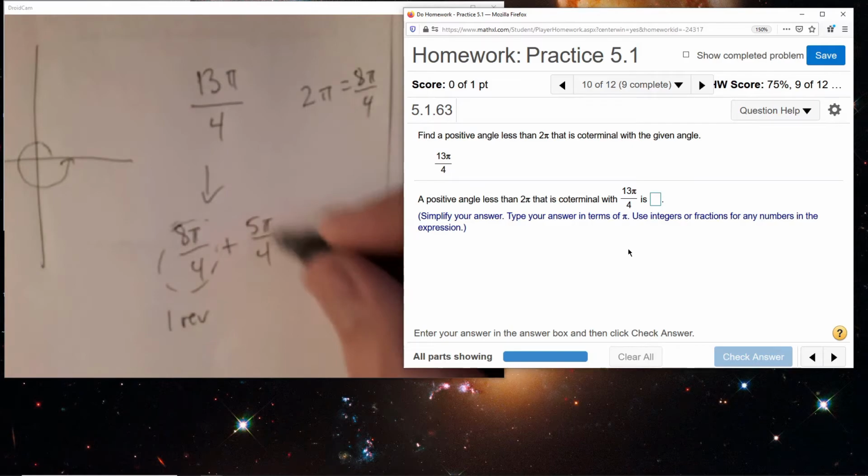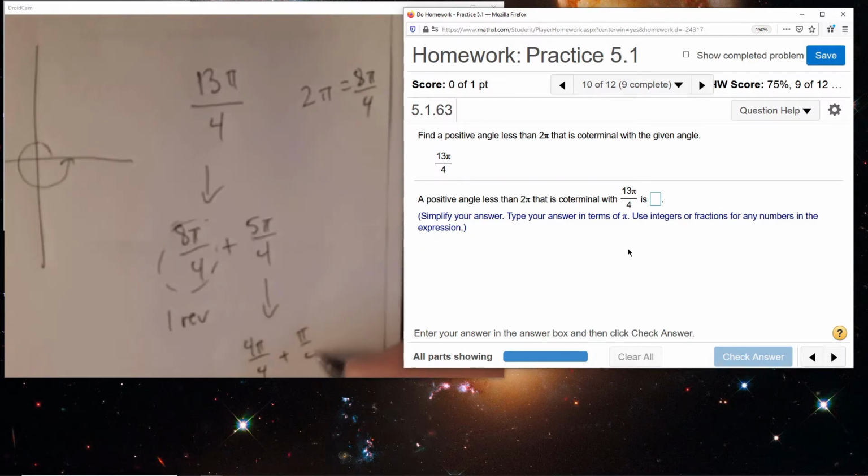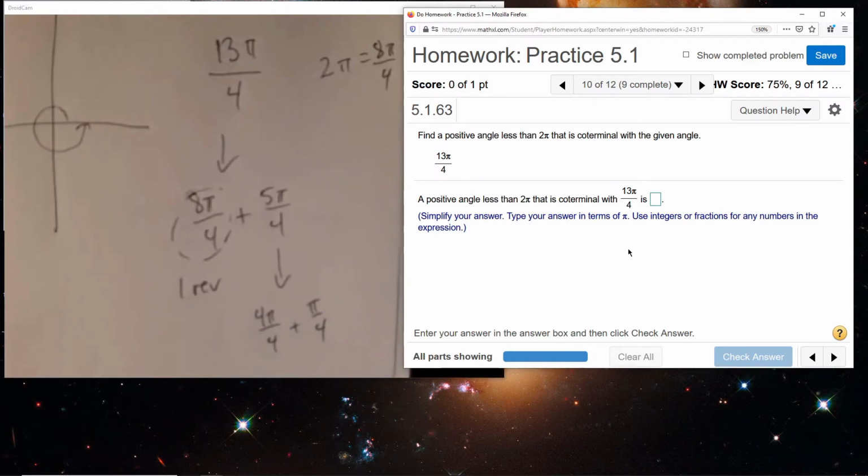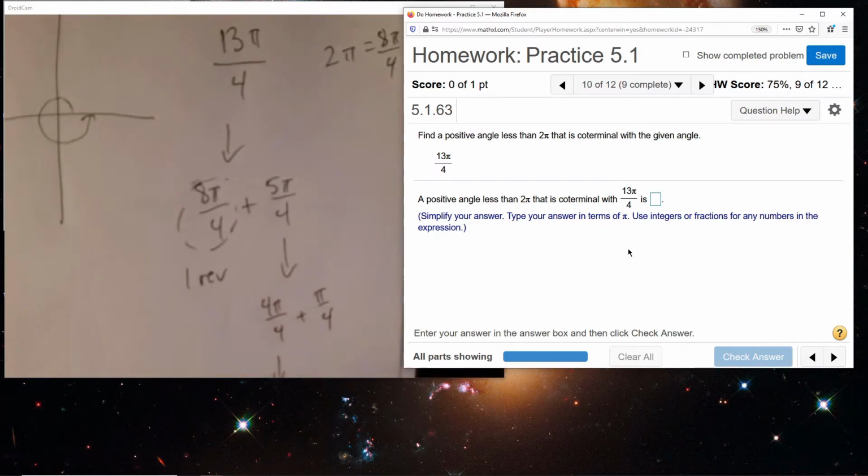Now notice 5 pi over 4 is 4 pi over 4 plus pi over 4. So this is a half revolution.